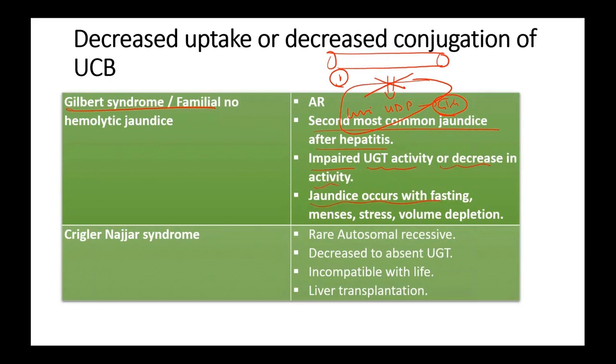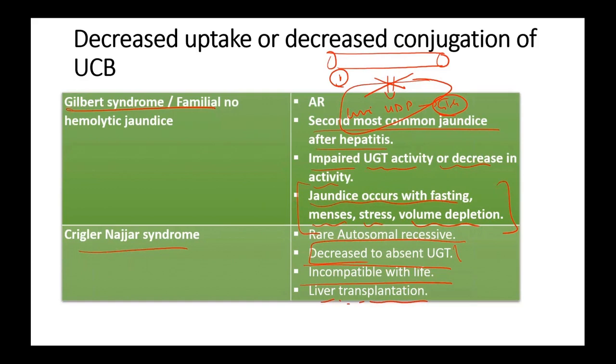Jaundice occurs in fasting, menses, stress, volume depletion. So in these kinds of situations, especially in stress, unconjugated bilirubin goes up, common in Gilbert syndrome. Crigler-Najjar syndrome, so again, decreased or absent UGT is not compatible with life and requires liver transplant.